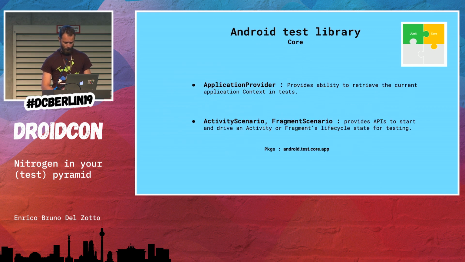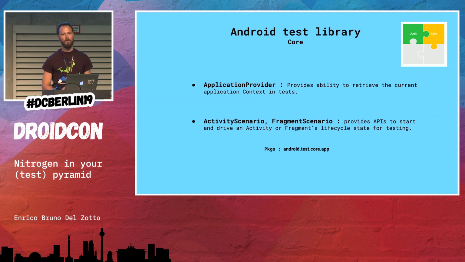Later on, we have the core. The core of the library is the most innovative stuff that they have introduced. They have the application provider, which gives you the possibility to retrieve the application context in your test, and the activity scenario and the fragment scenario.